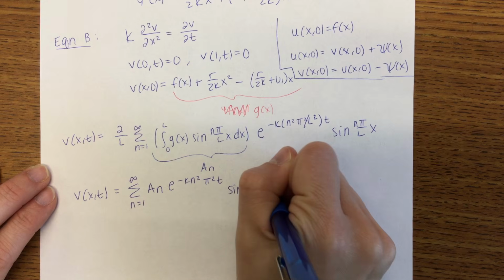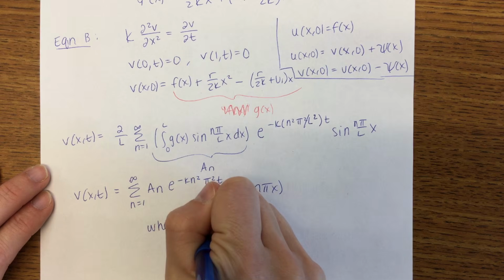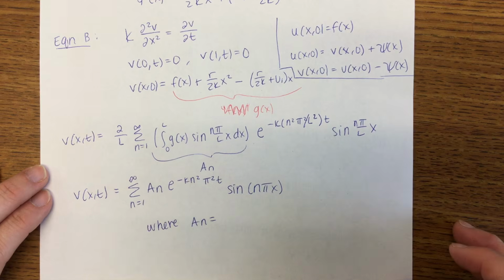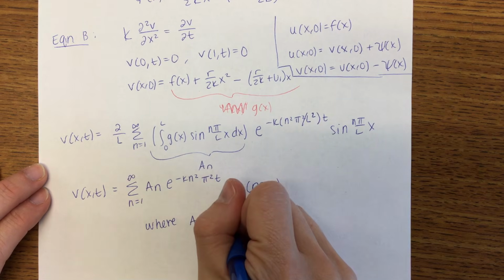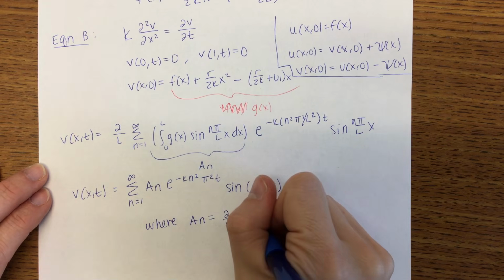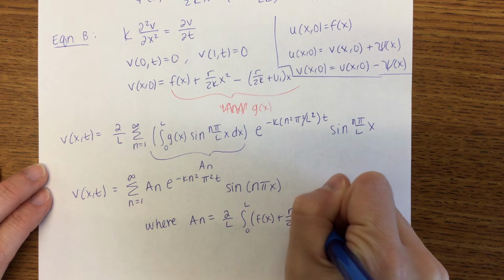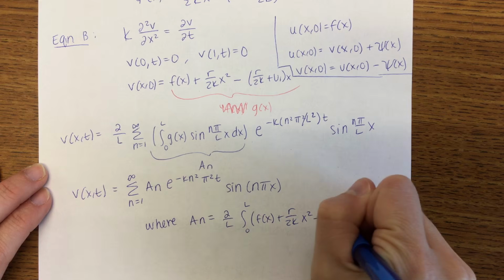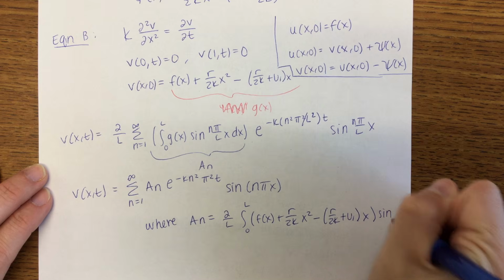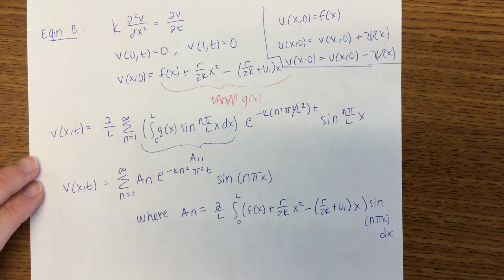Sine of n pi x, where a of n is 2 over L, the integral from 0 to L of f of x plus r over 2k x squared minus r over 2k plus u1 x, sine of n pi x dx. Sorry, I ran out of room.